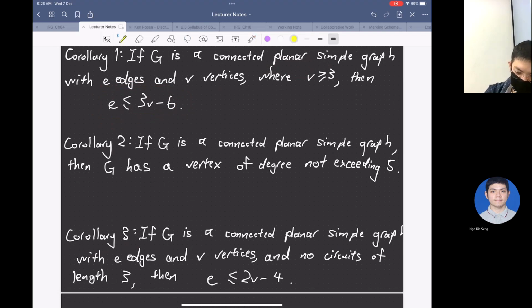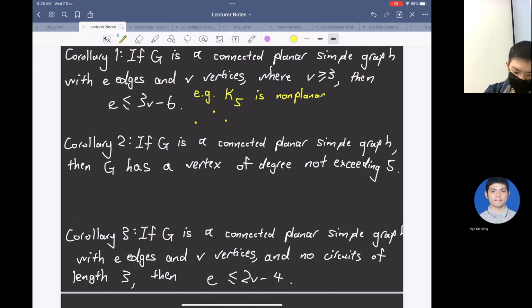So for example, in this case here, let's show that K5 is not planar. What is K5? It's a complete graph with 5 vertices.